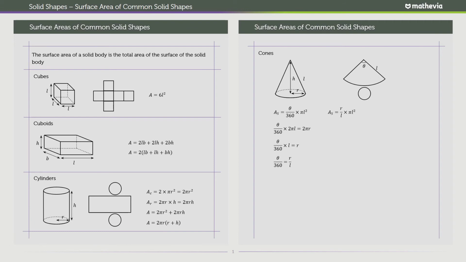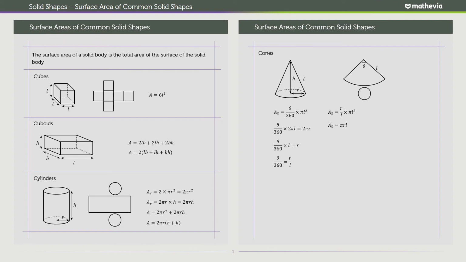So the area of a sector, replacing theta over 360 with r over L, equals r over L times pi L squared. Then one of the L's cancels, and at the end the area of this sector is pi r L, where L is the slant height of the cone and r is the radius of the circle below.